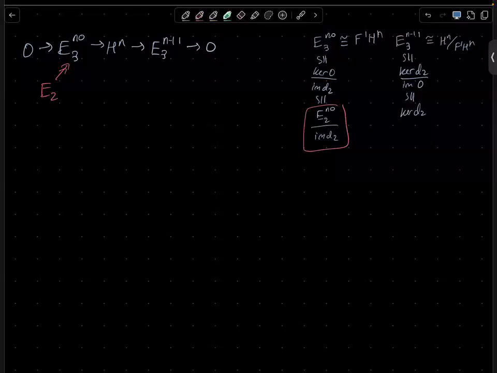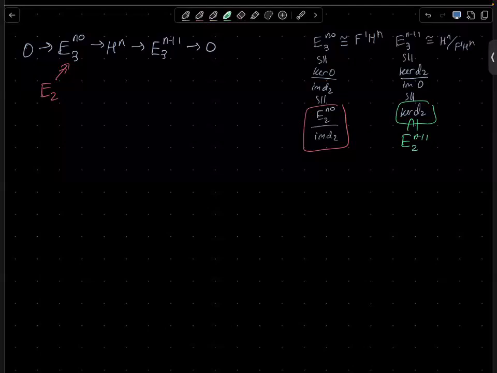Okay, and then over here, kernel D2, this is kernel D2 out of the E2 N minus 1 page. So this kernel D2 is contained in E2 N minus 1, 1, right?